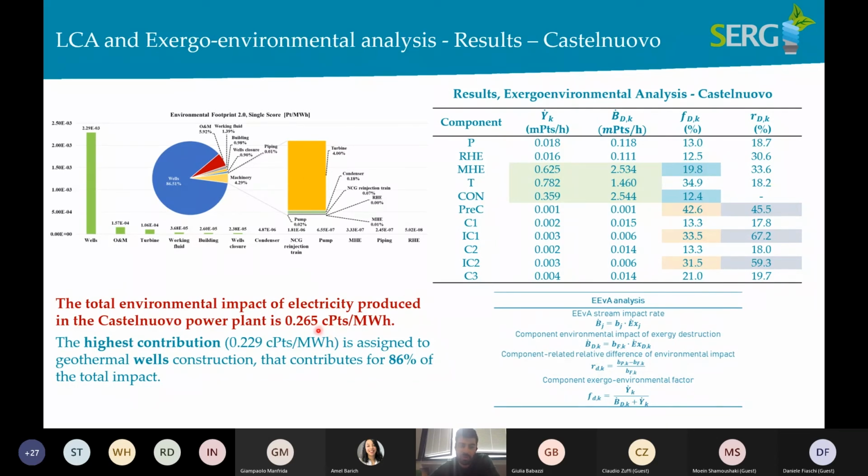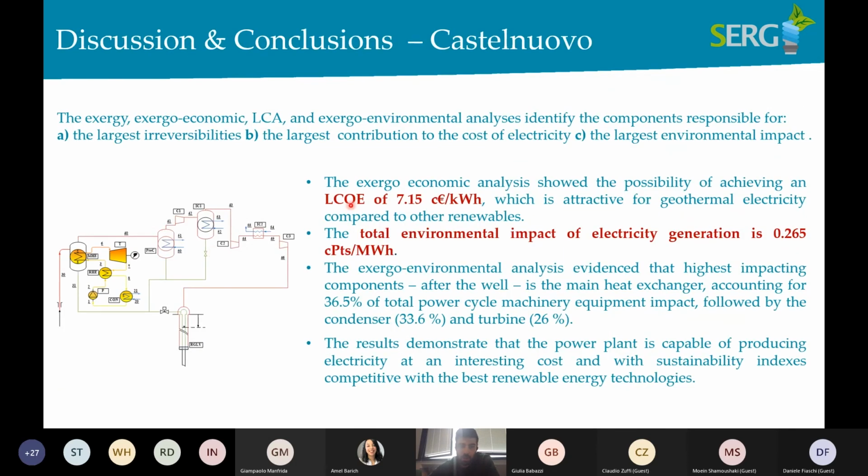This provides a lower environmental cost of electricity of 0.265 centipoints per megawatt hour, with the highest contribution, again, derived from the wells.